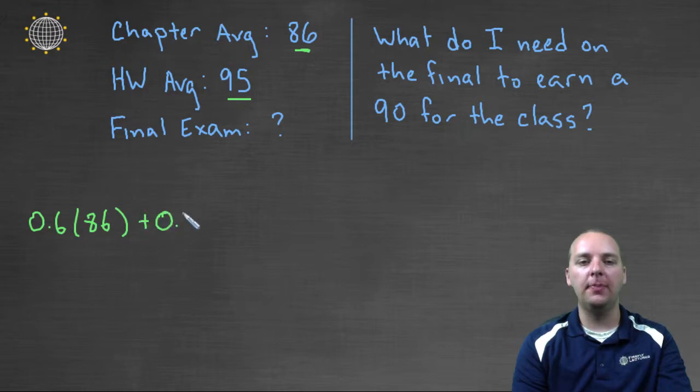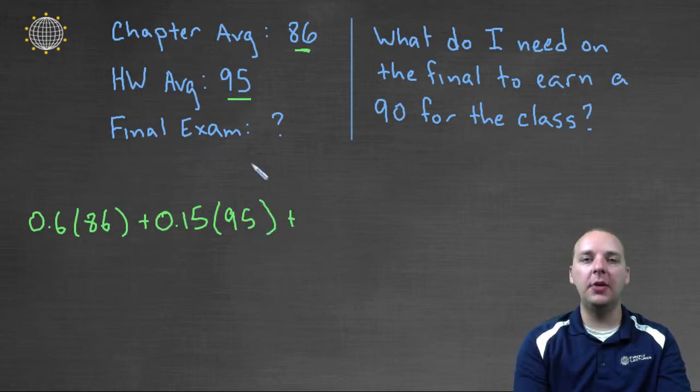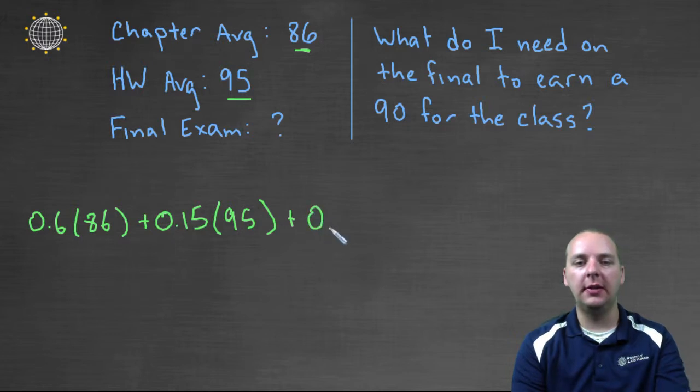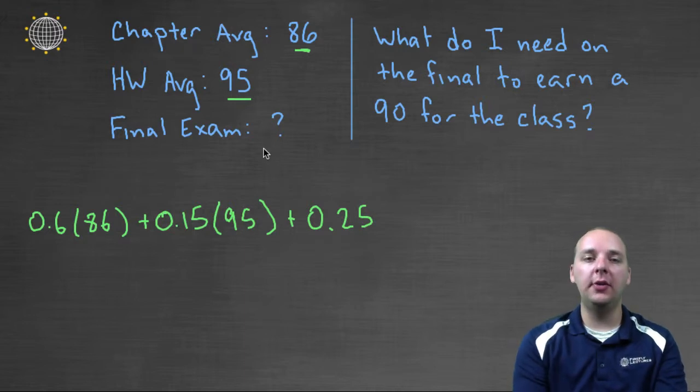So 0.15 times 95, and then we'll add to that the final exam weight, which is 25%, times, and here's the key, if you don't know what you need on the final exam, or you don't know what you're going to earn on the final exam, we'll call this a variable name.